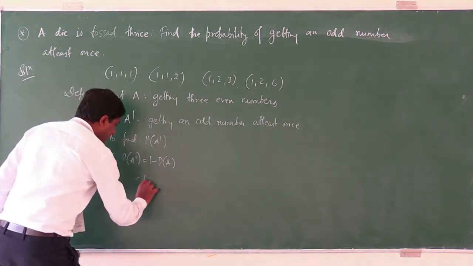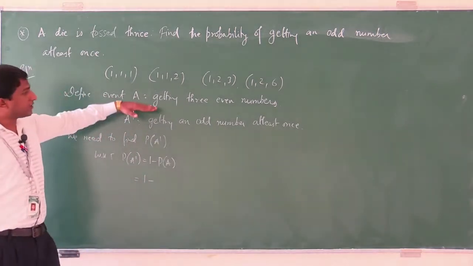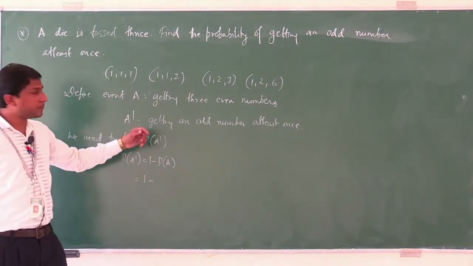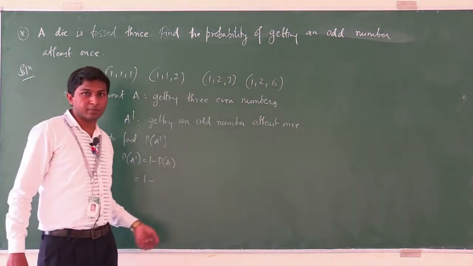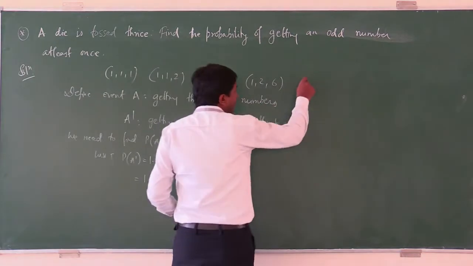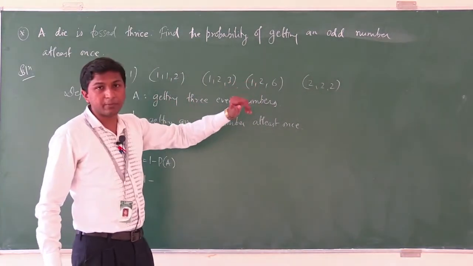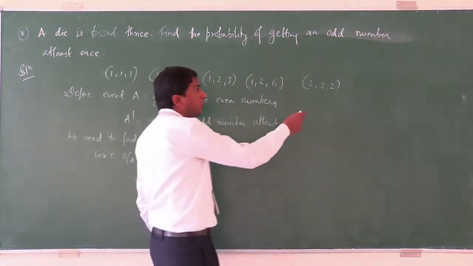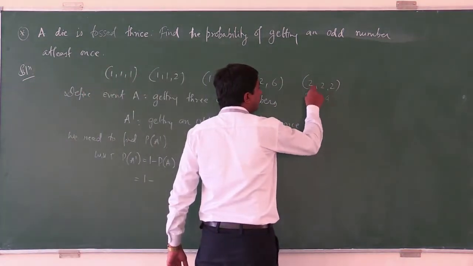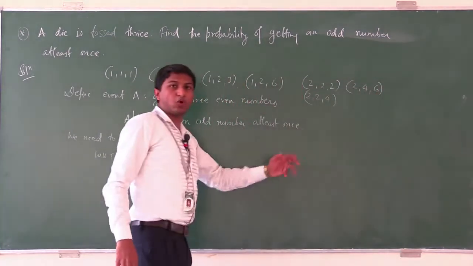Now look at event A. What is event A? Getting 3 even numbers. So how might the outcomes look? They might look as 2, 2, 2, meaning all 3 numbers are even, or 2, 2, 4, or 2, 4, 6, and so on.